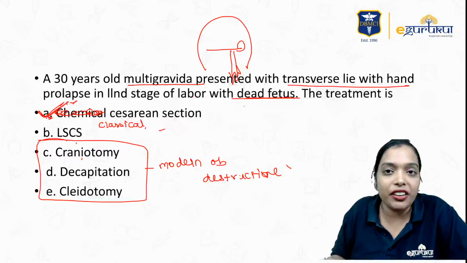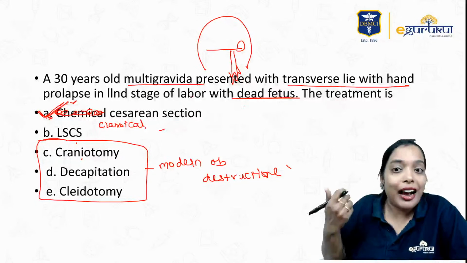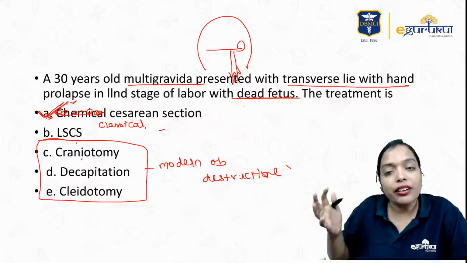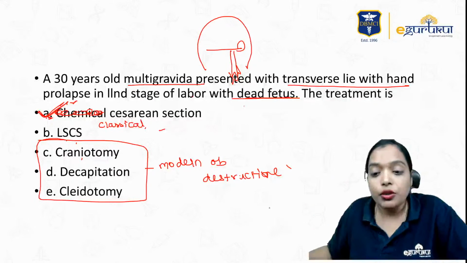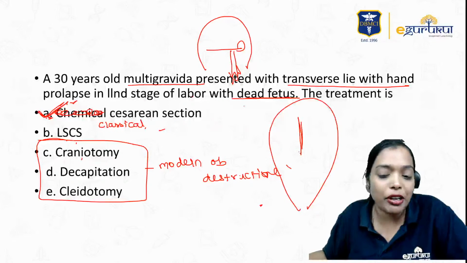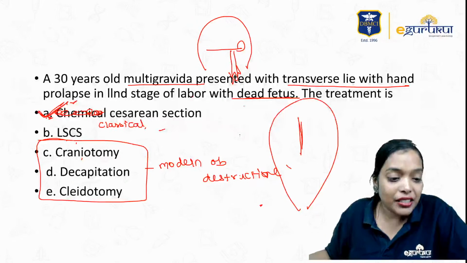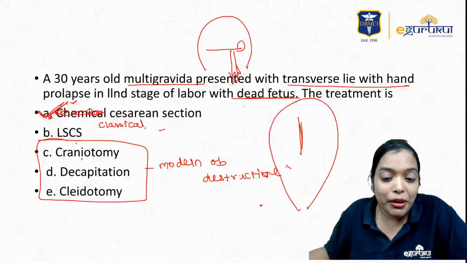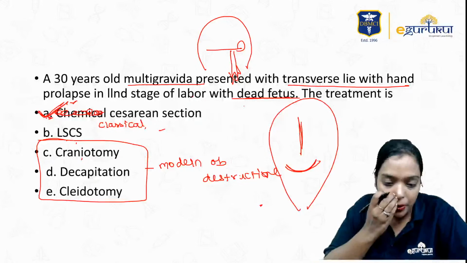So it's very difficult for you to remove the baby either vaginally or by lower segment cesarean. Classical cesarean means you are taking the incision on the upper segment of the uterus, whereas lower segment means we do Kerr's incision, which is a transverse incision in the lower segment.